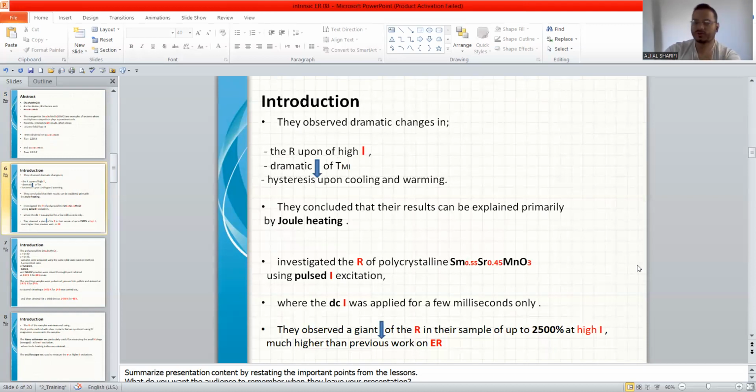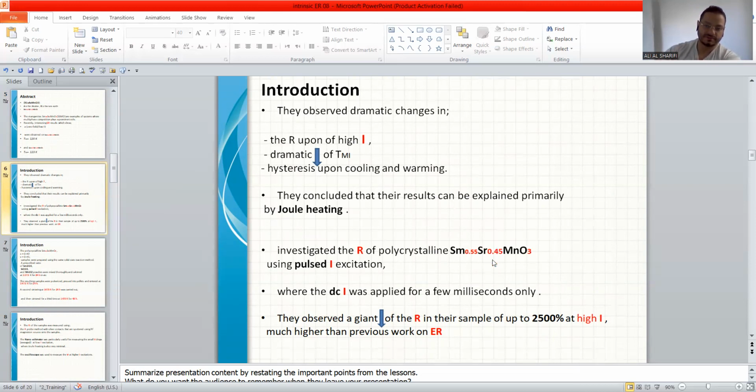This ratio is huge, because the decrease of the resistance is equal to 250,000%, at high current, much higher than previous work on electroresistance. That means we're dealing with a huge decrease in the resistance, approximately 250,000%, but only at the condition of high current.